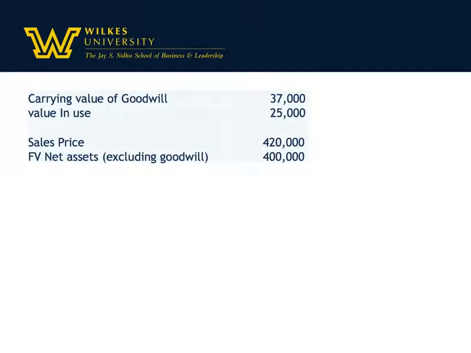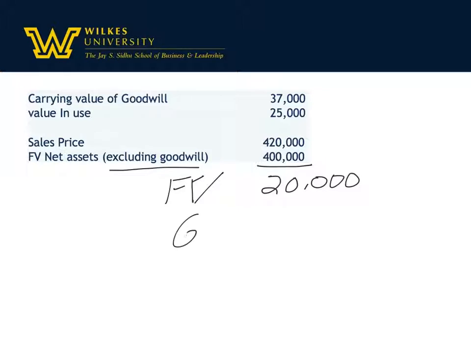We also know that somebody's come in and is making a bid, and they would buy our business at $420,000, and the fair value of our net assets, excluding goodwill, is $400,000. So that's going to tell me that the fair value of my goodwill is $20,000.